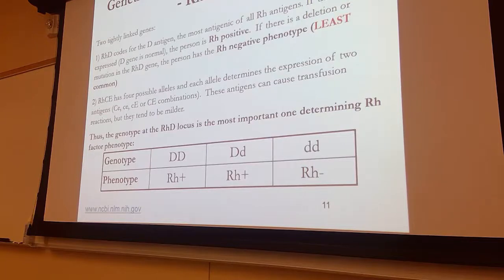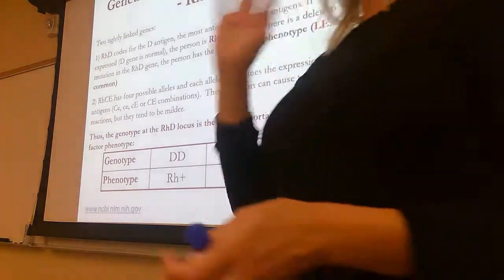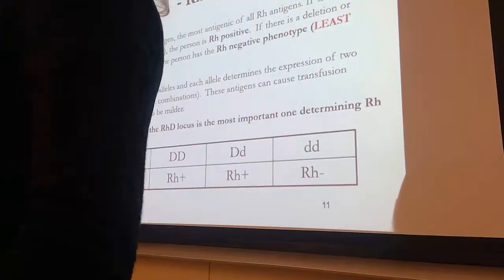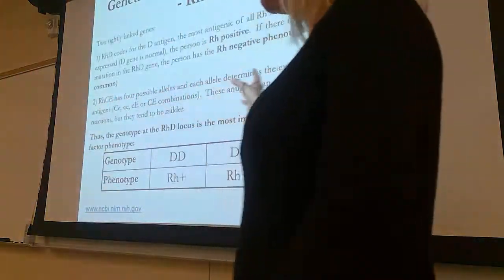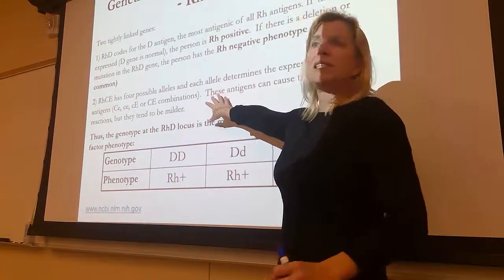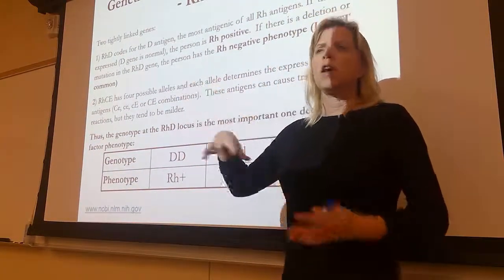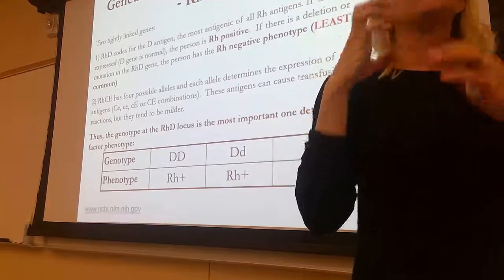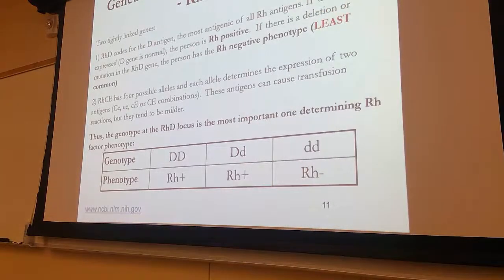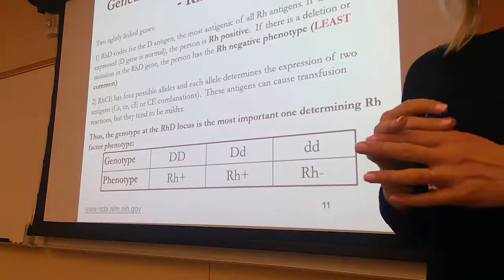And the Rh factor is coded by a class of genes, a family of genes. And that makes the genetics of this type of antigen a little bit messier. And there are other antigens that can go along with this, like the RHC and E family. Let's just focus on the RHD family because that is the most common.